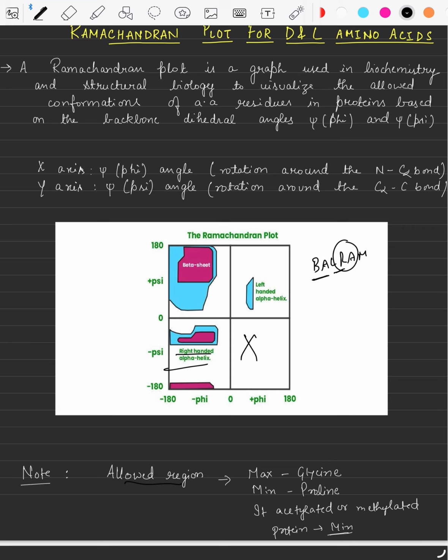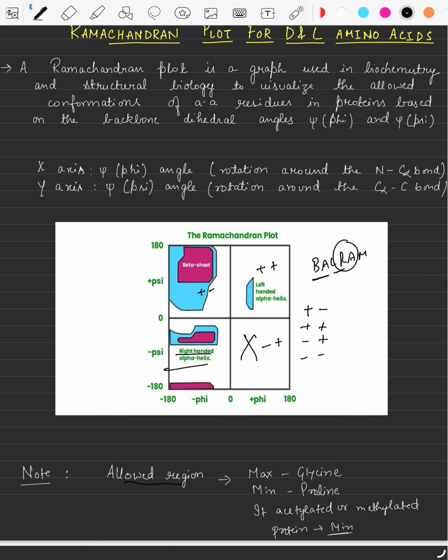Let me tell you that in this first box the sign for conformation will be plus minus. In the second box it will be plus plus. Then here it will be minus plus. Then the third conformation is minus minus.